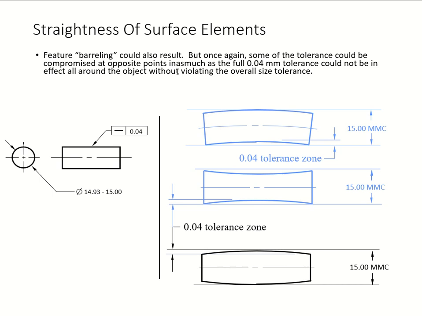Your MMC is still 15. This is just showing you a different variation here, and it could also have your barreling. We call it barreling. In this case, as long as you don't violate the overall size tolerance, you're okay.